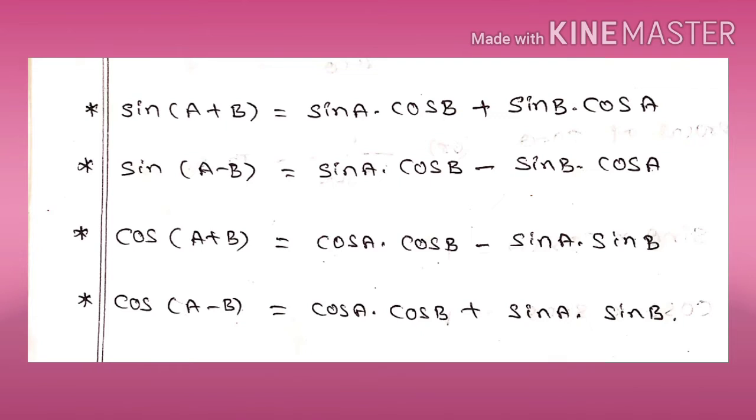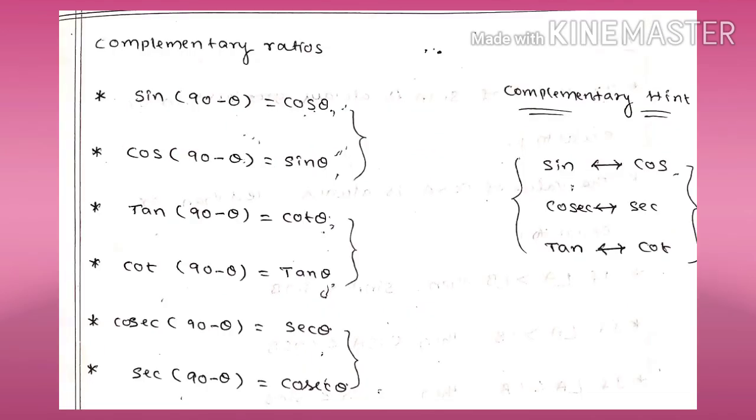Next slide. Now the complementaries. Sin 90 minus theta is equal to cos theta, and cos 90 minus theta is equal to sin theta. When you want to convert sin and cos using complementaries, you can use this: sin 90 minus theta is cos theta, cos 90 minus theta is sin theta. So cos and sin are complementary ratios.